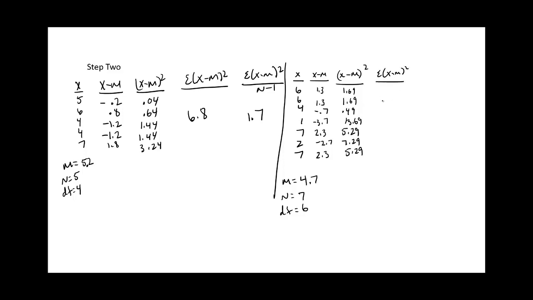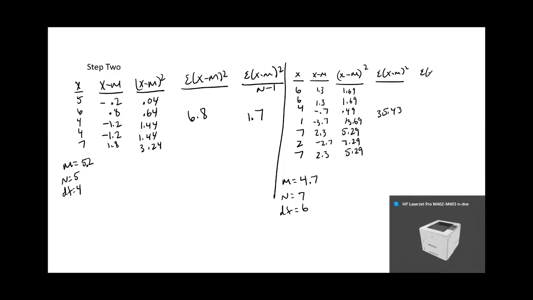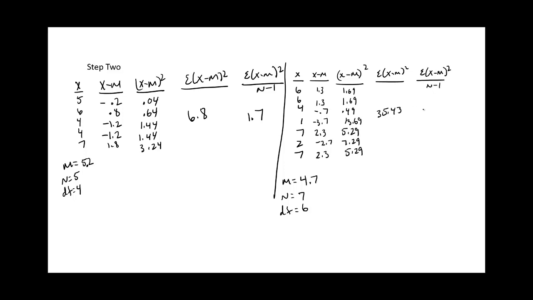The sum of squares is equal to 35.43. And then the estimated population variance is equal to approximately 5.9. We're going to use 5.9.